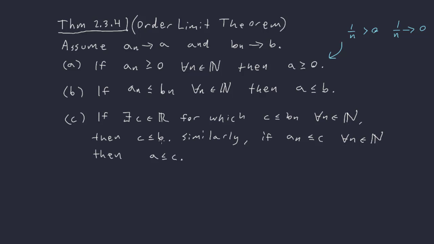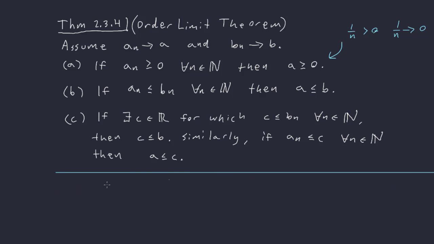It has to be lower than the limit. And similarly, this is basically saying the same thing, just if a_n lives below C for all n, then A must also live below C. So, in other words, limits preserve order. They preserve inequalities in situations like this.